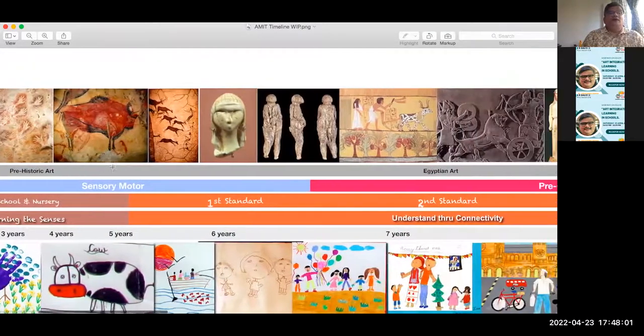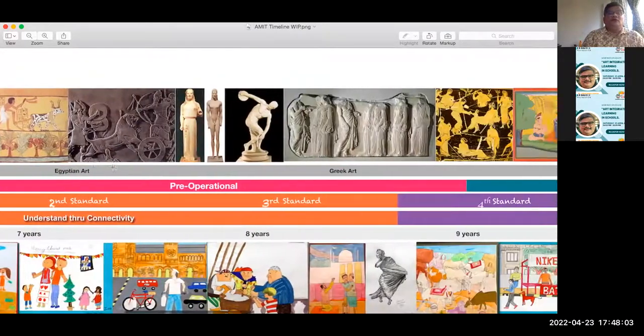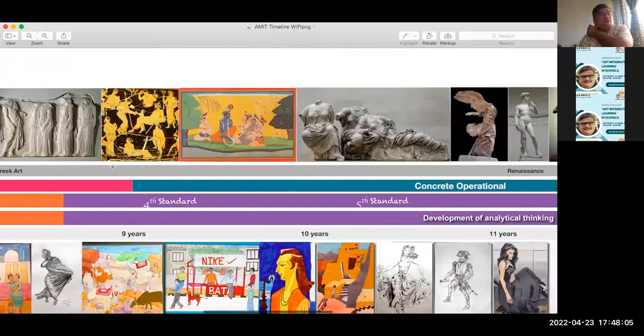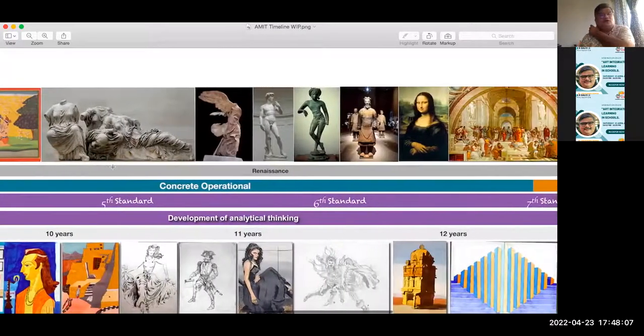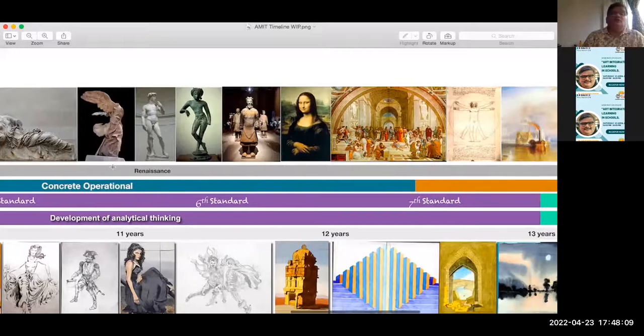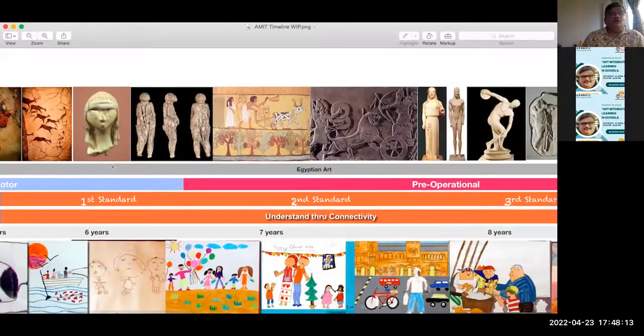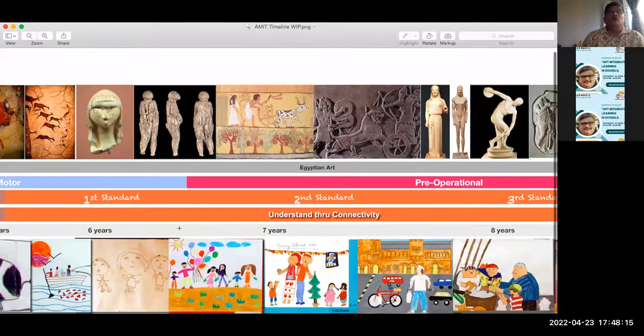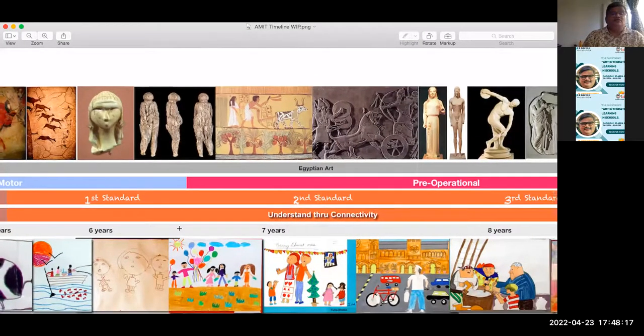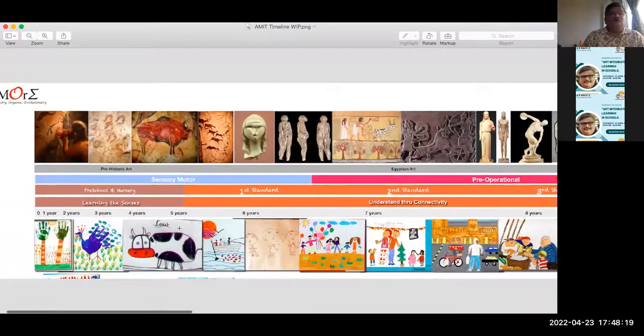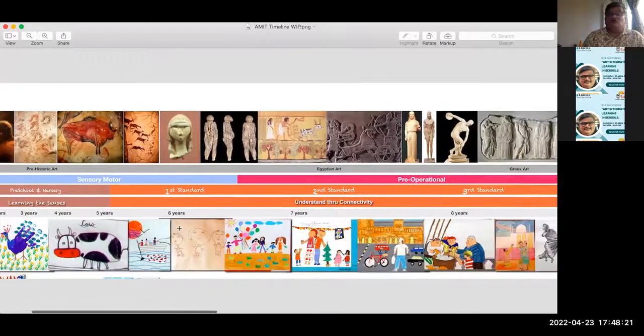The top part of the timeline shows world art. Different cultures, all cultures included. And what I'm showing you in the lower level is the children's art. Most of them are my students.